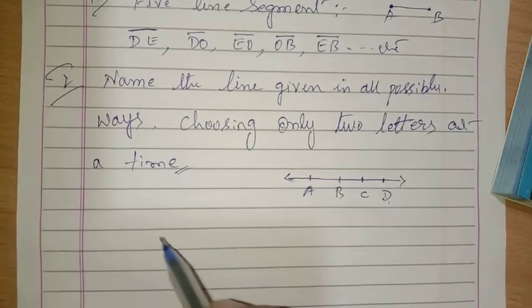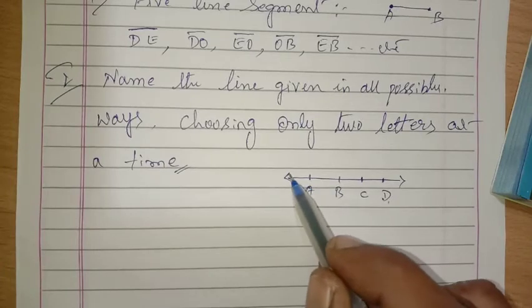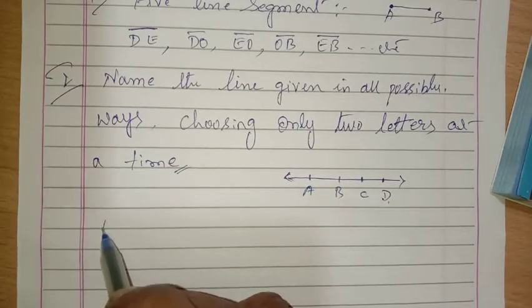Now AB is a line, because it shows an arrow mark on both sides.